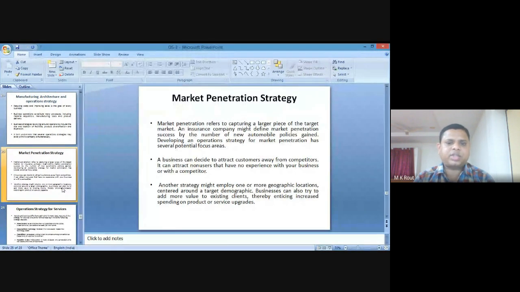For example, an insurance company might define market penetration success by the number of new automobile policies. As you know, this union budget directly reflects on four-wheelers, especially diesel and petrol automobiles. So what has the government done?